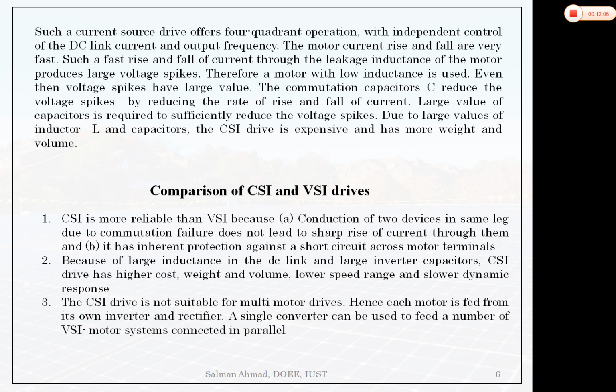The CSI drive is not suitable for multi-motor drives. If, for example, from one VSI we want to run several motors, that is possible. So multi-motor drives are possible with the help of VSI, but that is not possible with CSI drives. For each motor you have to use individual current source inverters, so in that case the cost will further increase.